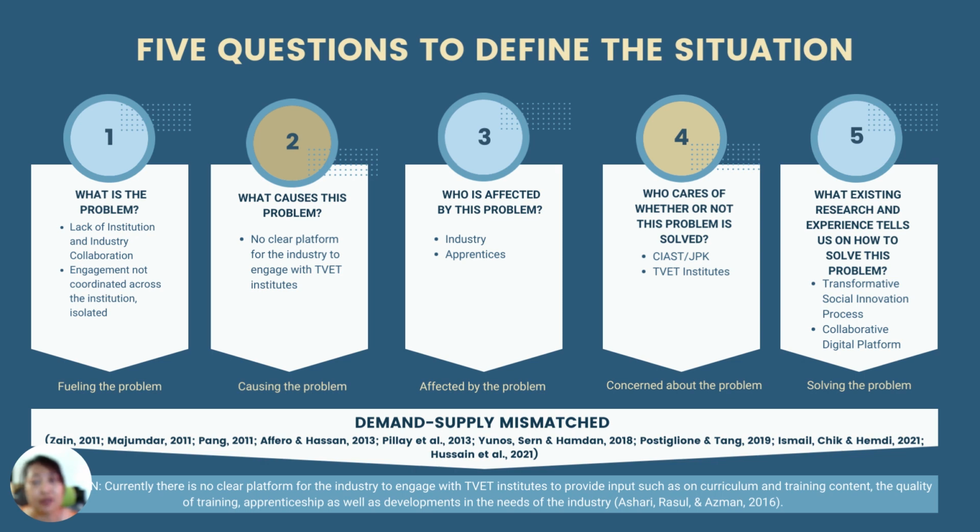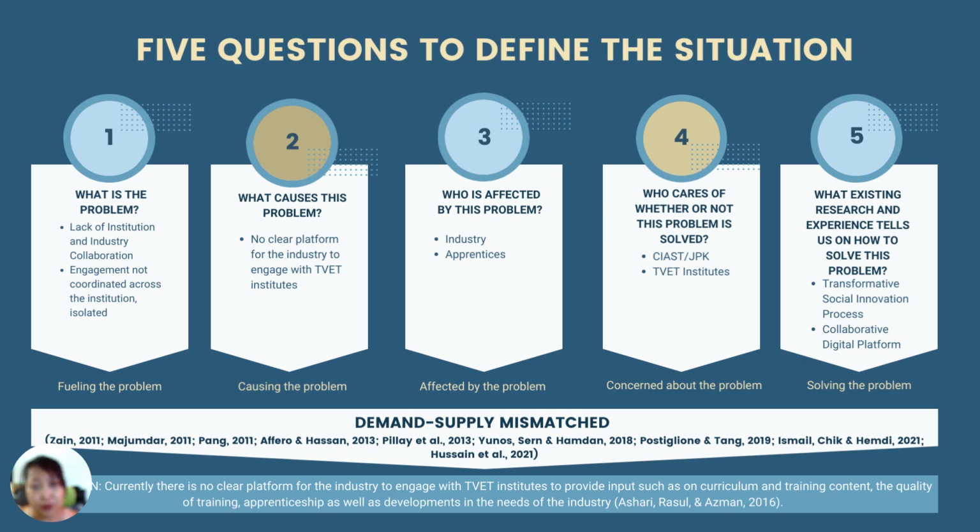These professionals are in charge of developing TVET education and training modules, as well as referring apprentices to TVET institutes for training. Other key stakeholders include professionals in TVET institutes who provide training services to apprentices, funders such as JPK who provide funding to deliver the training, and apprentices who participate in the trainings.